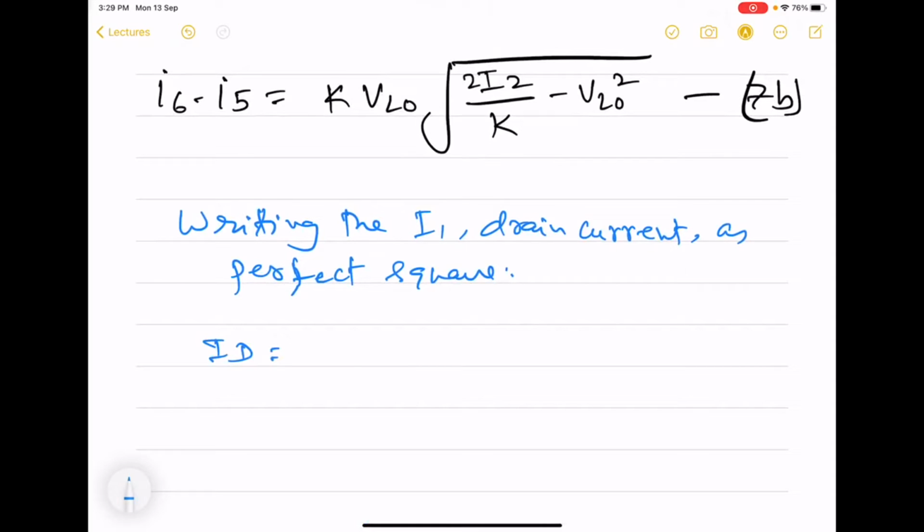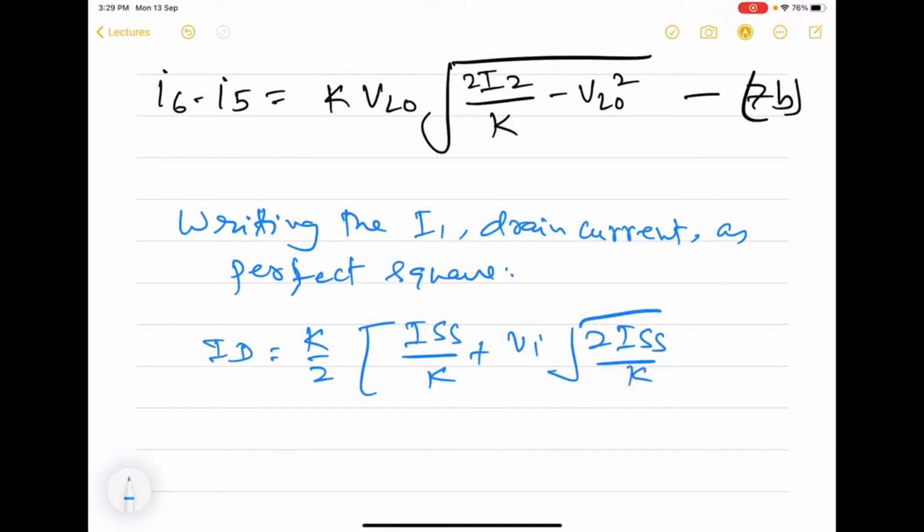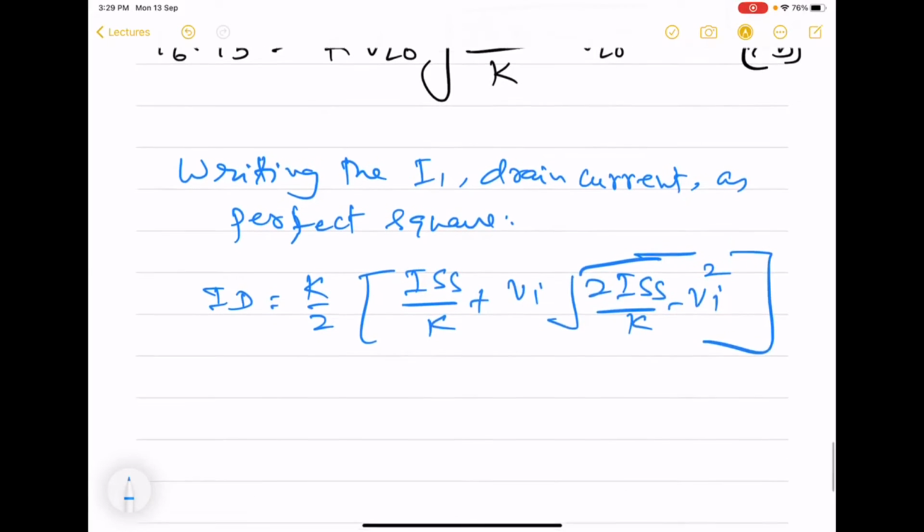Recall that it is equal to k by 2 times (ISS by k plus VI) into (2 ISS by k minus VI) whole squared. So this thing we had already derived earlier in the very beginning. Now we want to write this as a perfect square.